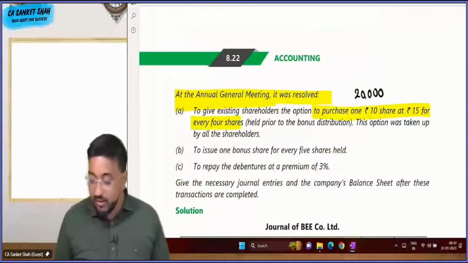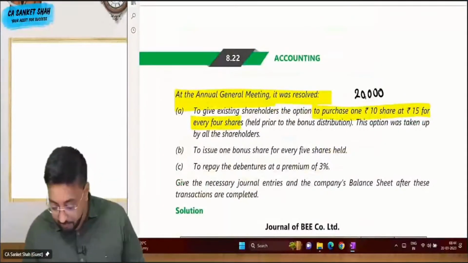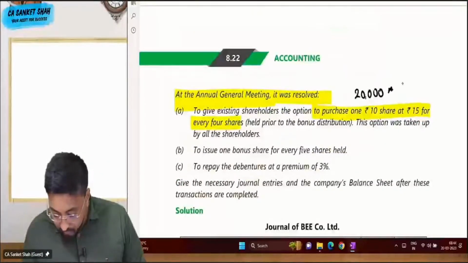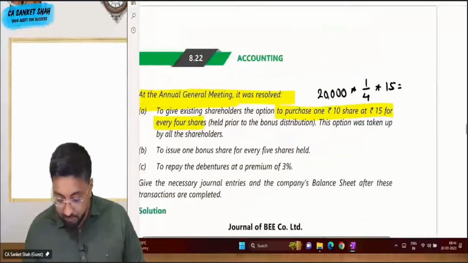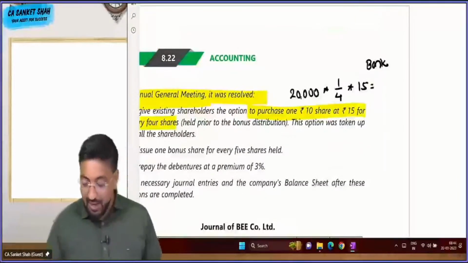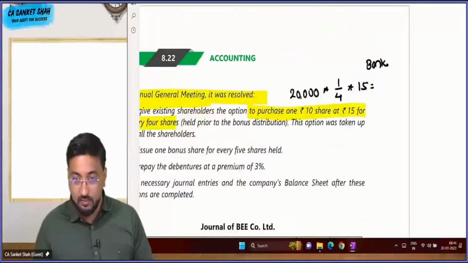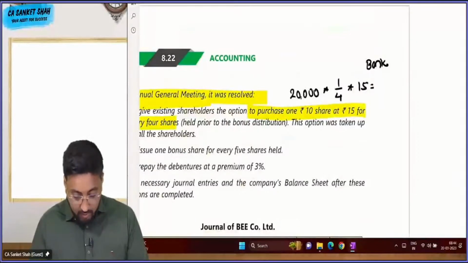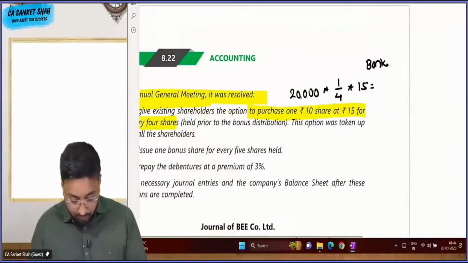So 20,000 equity shares into 1 by 4 into rupees 15. What is the bank balance that you are going to collect? Bank balance is equal to 20,000 divided by 4 into 15. So I am going to collect 75,000.